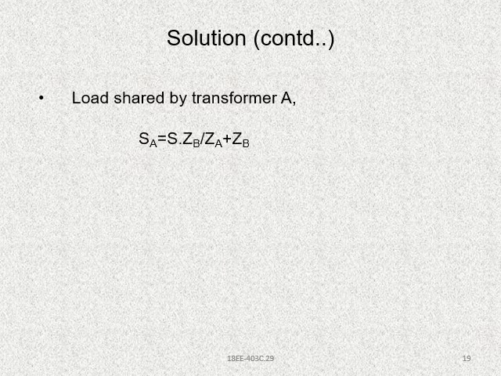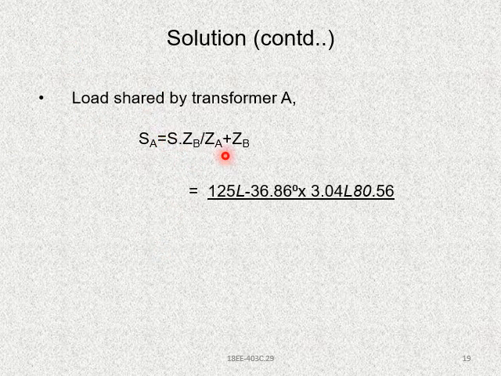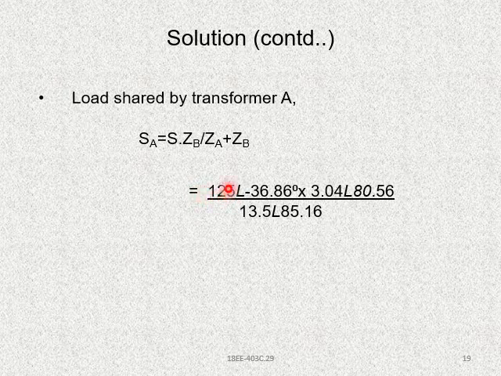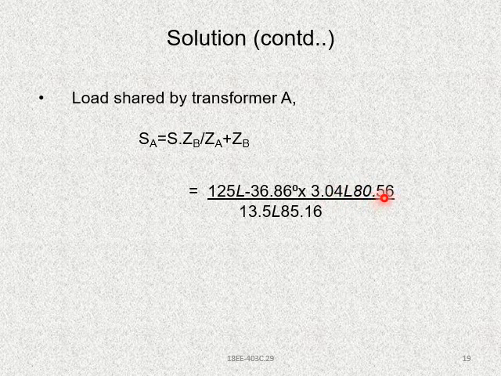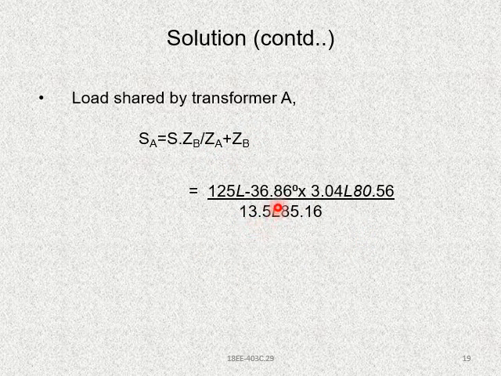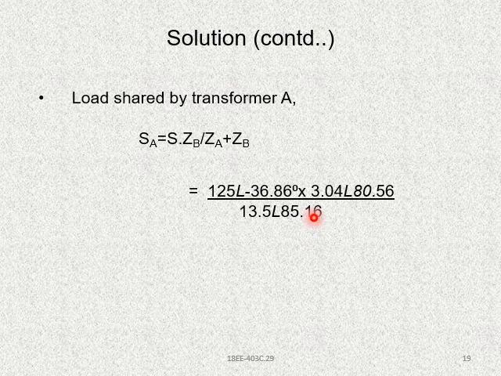Load shared by the transformer A, we have directly the formula SA equals S into ZB by ZA plus ZB. Directly substituting the values, we have the value of S, 125 at an angle of minus 36.86, into ZB value 3.04 at an angle of 80.56, divided by, in total, ZA plus ZB is 13.5 at an angle of 85.16.